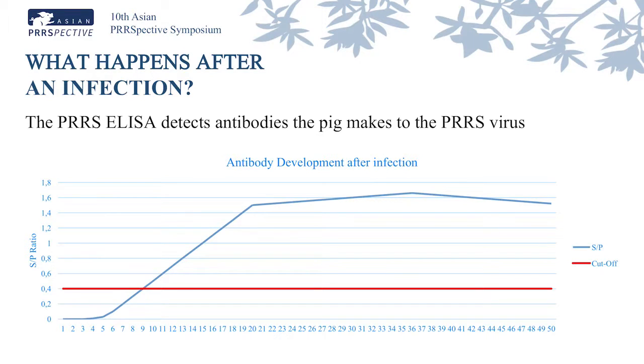Okay? So what happens after the PRRS infection? The PRRS ELISA detects antibodies that the pig makes to the virus, and what we see here is that in the first couple days after infection, not much really happens. The pig's immune system is recognizing the infection, starting to deal with it, starting to mount an immune response, but that takes some time.